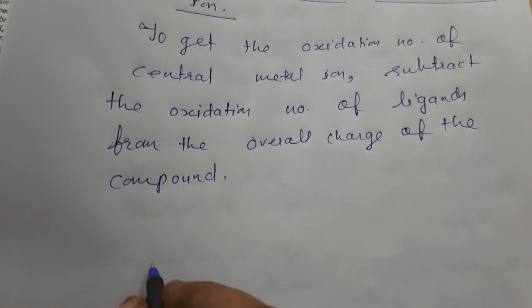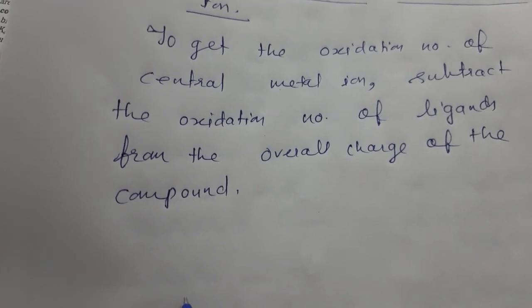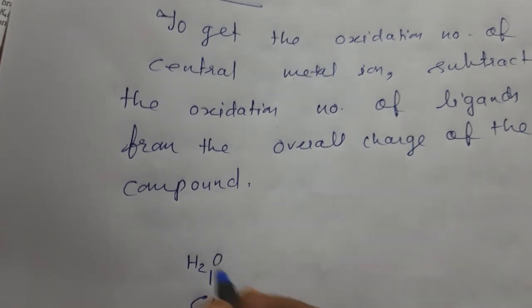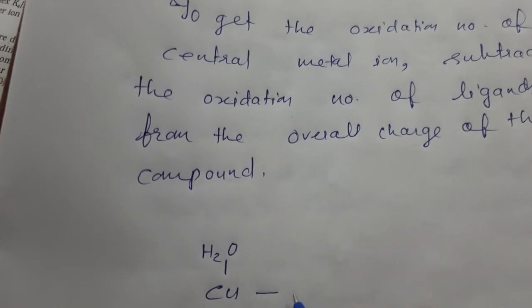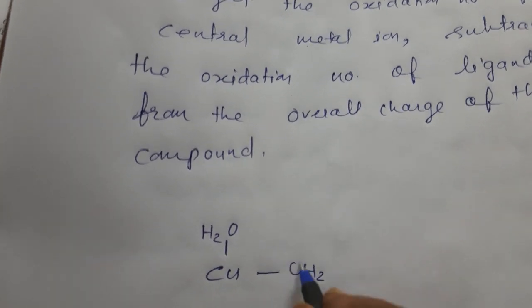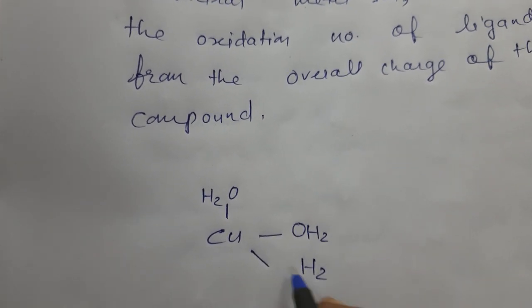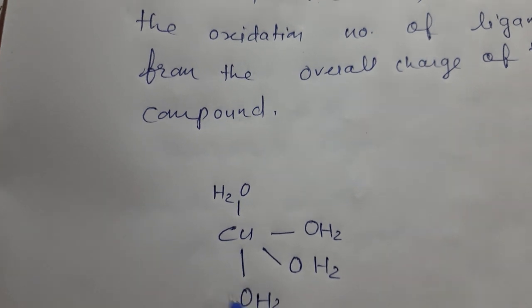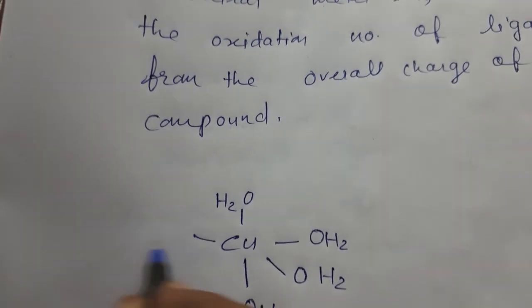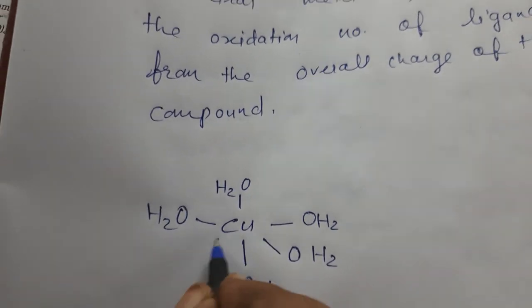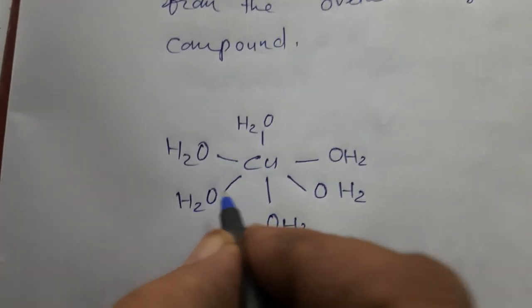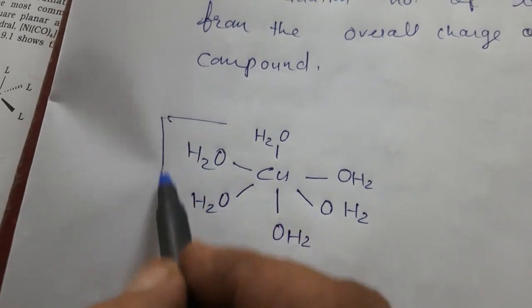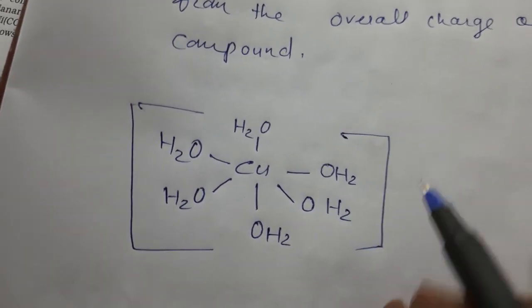So you see, if a compound is like this, Cu is the central atom, with H2O, H2O, H2O, H2O and here also H2O, and the total charge is 2 plus.